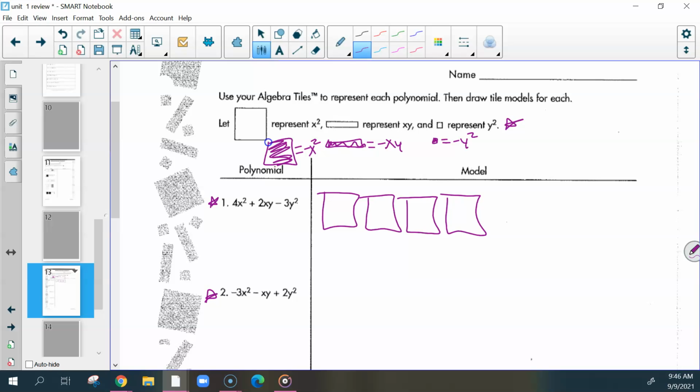If I had to represent 2xy, which of these would I use? Vanessa. The positive or the negative? The non-shaded one. If I had to represent negative 3y squared, how would I represent that?